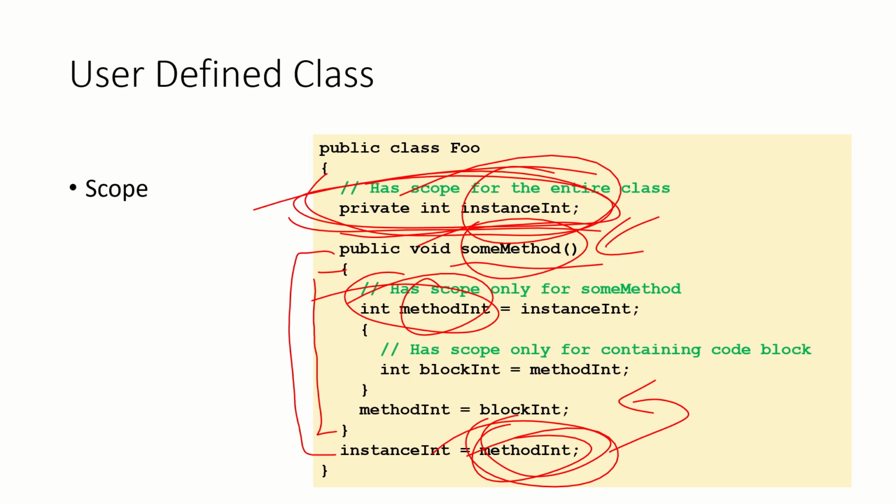This one will give you an error. Even in this case, with a curly brace and a block int declared inside, the next line tries to access this block int, which will give you an error as well, because you declared it inside that curly brace.